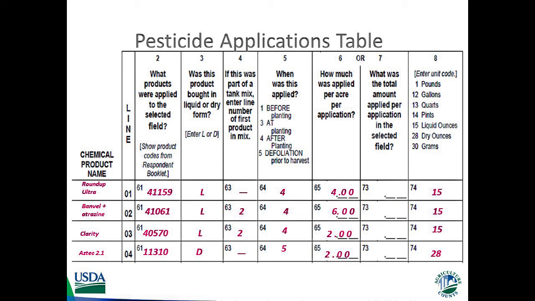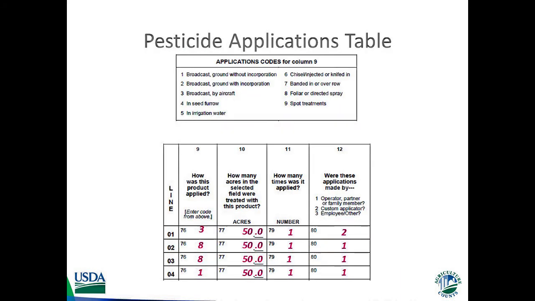As you can see, we show the product name, the individual product code from the respondent booklet, product form, whether it's a tank mix or not, when it was applied, how much was applied, the unit of application, which must again agree with the product form.